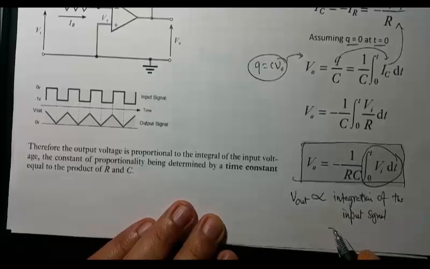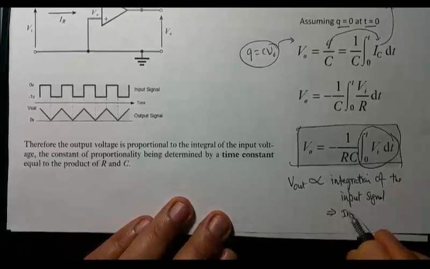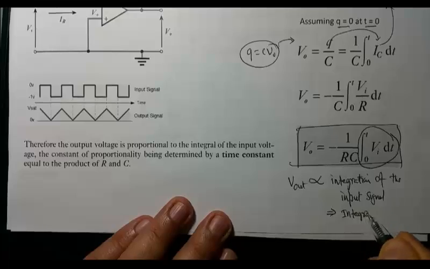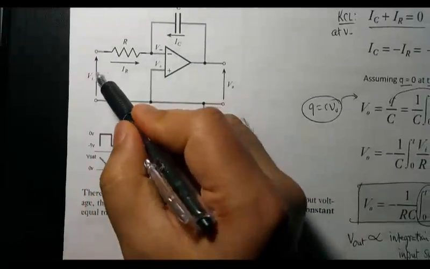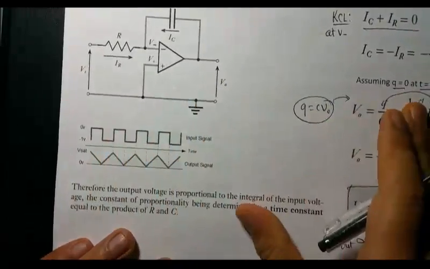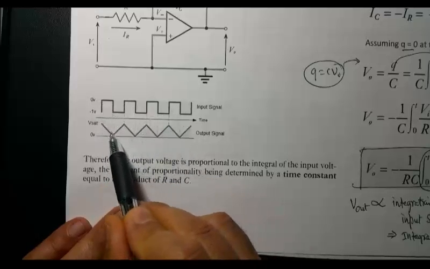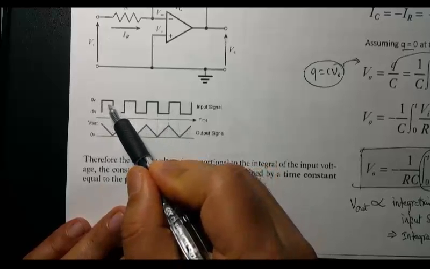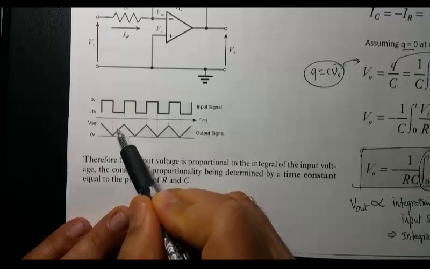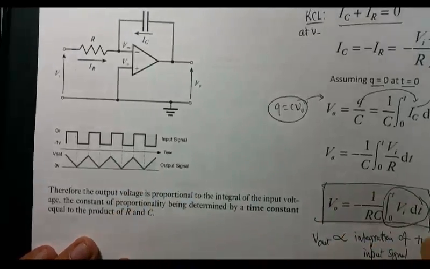So that's why this configuration of op-amp is called an integrator, because it simply integrates whatever signal you feed to the input. As an example, if you feed a square wave signal, the output will be this triangular wave, because the integration of this, which is the area under the curve, will be this triangular wave.